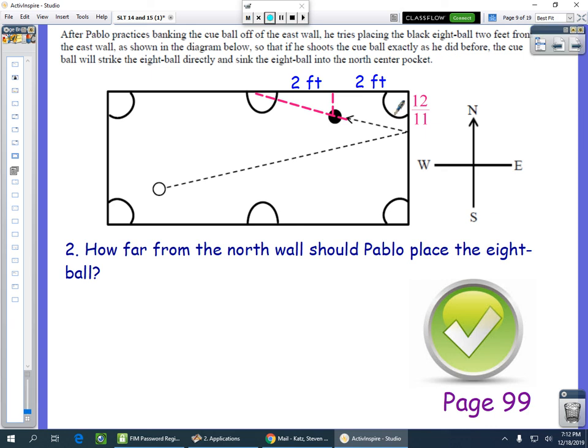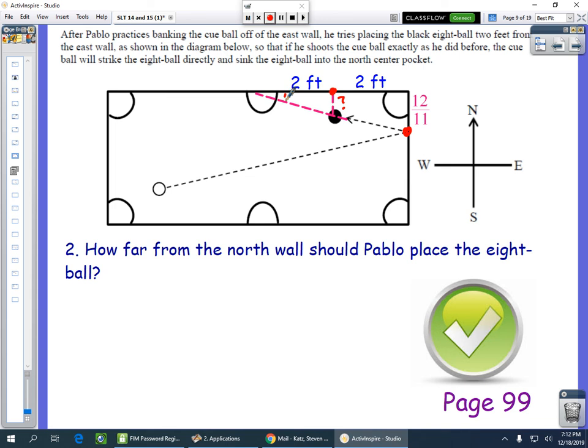Basically, we know where he wants to hit it, so we know that this is 12/11. We also know from here to here is 2, and from here to here is also 2, because it says it's directly in between, 2 feet from the east wall. The whole thing's 4. What we want to know in this problem is how far to place this. What is this length right here?